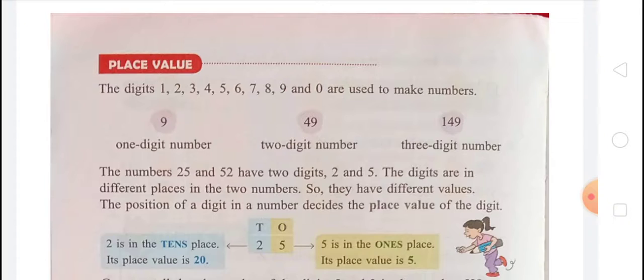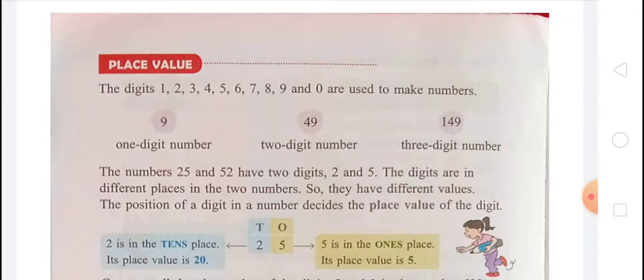Let's revise one more time. The numbers 25 and 52 have 2 digits, 2 and 5. The digits are in different places in the two numbers. In 52, 2 is in the 1's place and 5 is in the 10's place, and in 25, 5 is in the 1's place and 2 is in the 10's place. So they have different values.